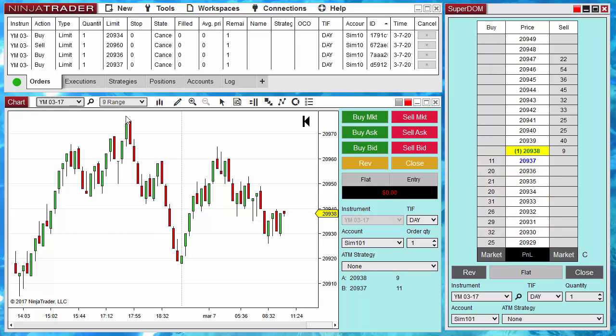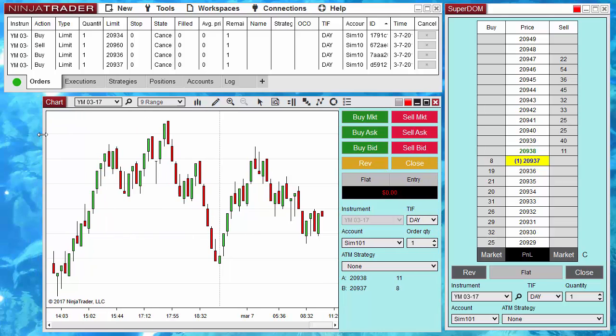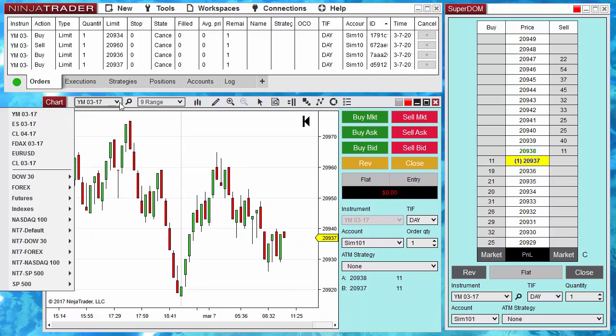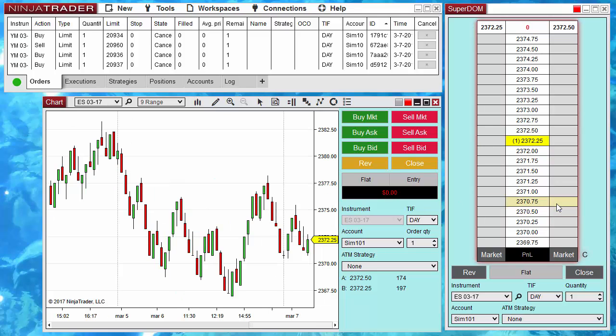This is one of the main differences when we trade Standard & Poor's. Standard & Poor's has a lot of orders in the ladder. As we can see on Dow Jones, we have something between 10 to 30 orders in the ladder per price, but on Standard & Poor's that number goes to almost 800.